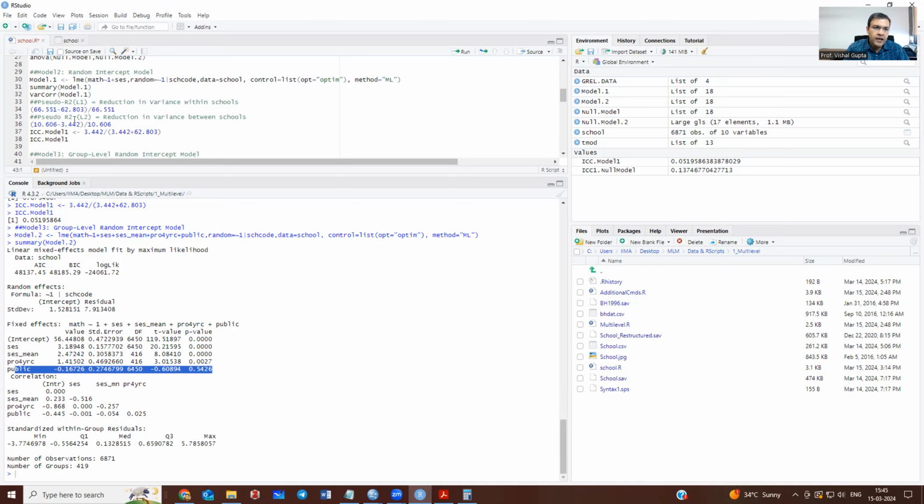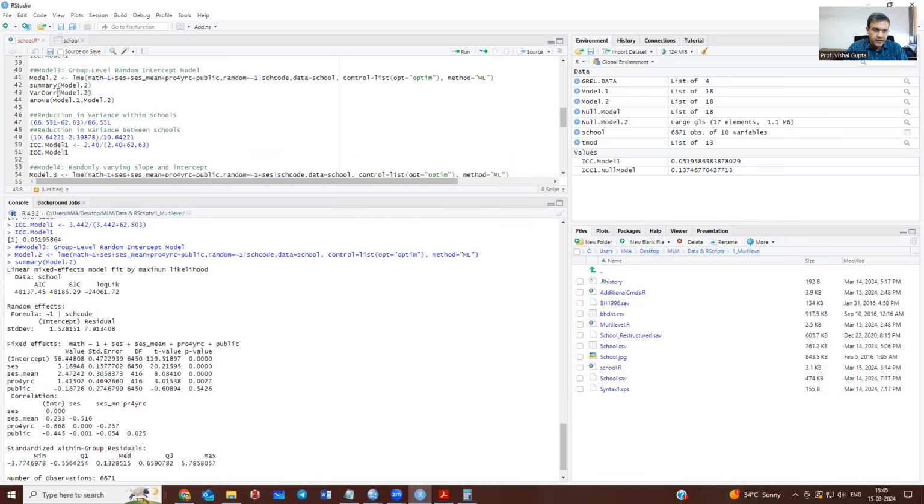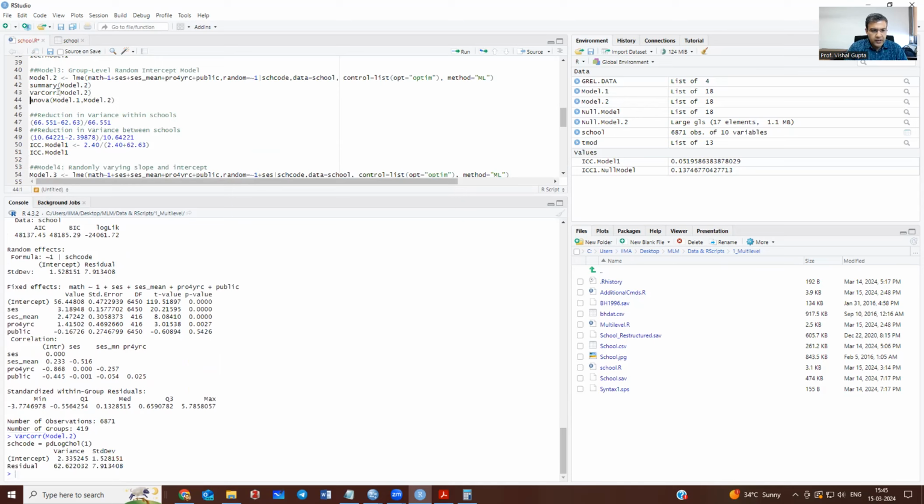Right? And now if we go to the variance covariance, this is our sigma square u0, 2.33, and this is sigma square r. So what is the reduction in variance within schools? It is 66.551. Now what is our pseudo r square at level 1? Let us write it again.